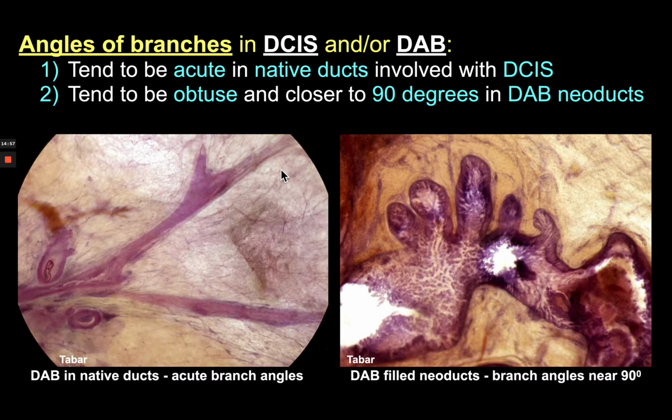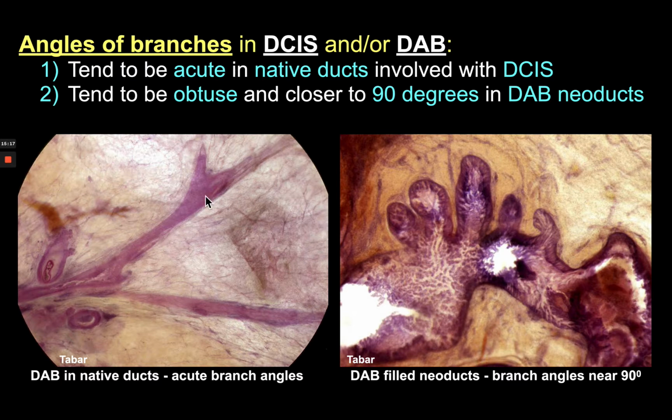Now, the angle of the branches can vary between DCIS and DAB. So if you're involving primarily existing native ducts, your branch angles are usually going to be acute, less than 45 or 30 degrees.